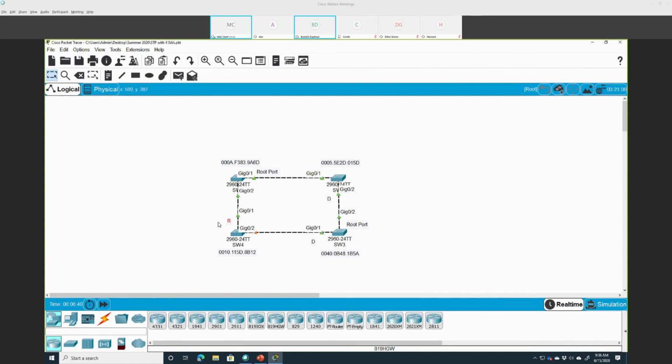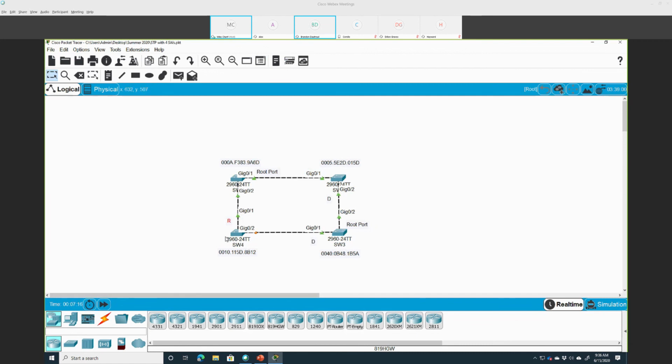So the reason is that I'm going to compare the MAC address here versus the MAC address here. Which one is lower, the SW3 MAC address or the SW1 MAC address? This is 0004. This is 0040. So which one is lower? The top left, therefore we go this way. You follow?